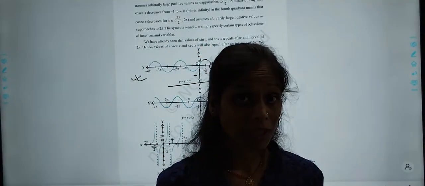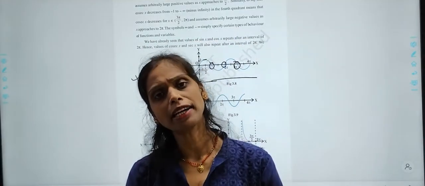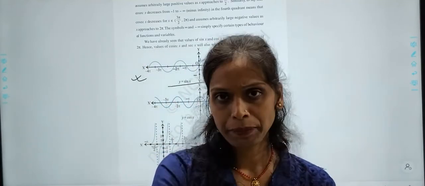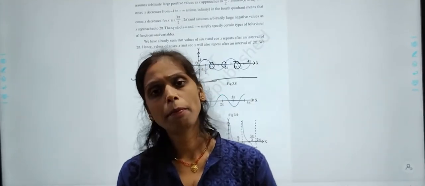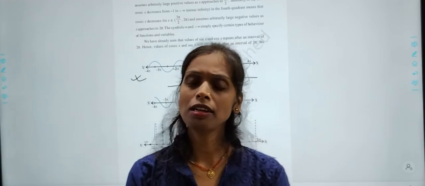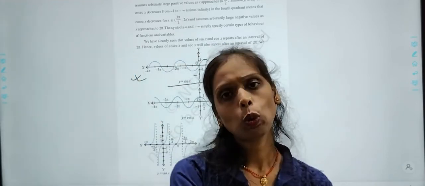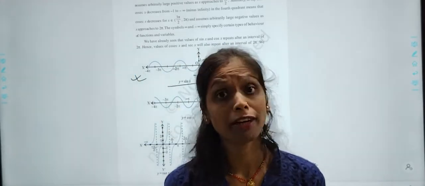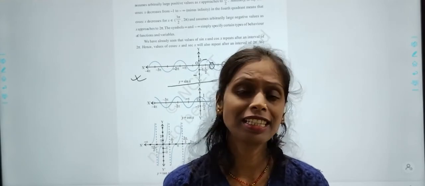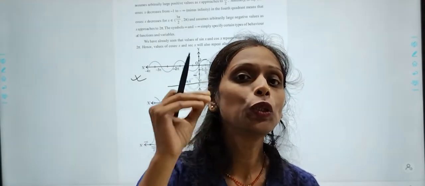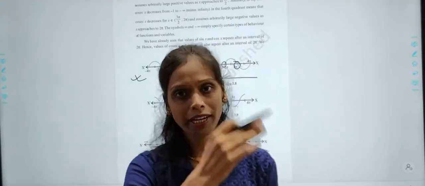You observe that in every pi interval the value of sin theta remains unchanged. Then you define what the domain and range are.